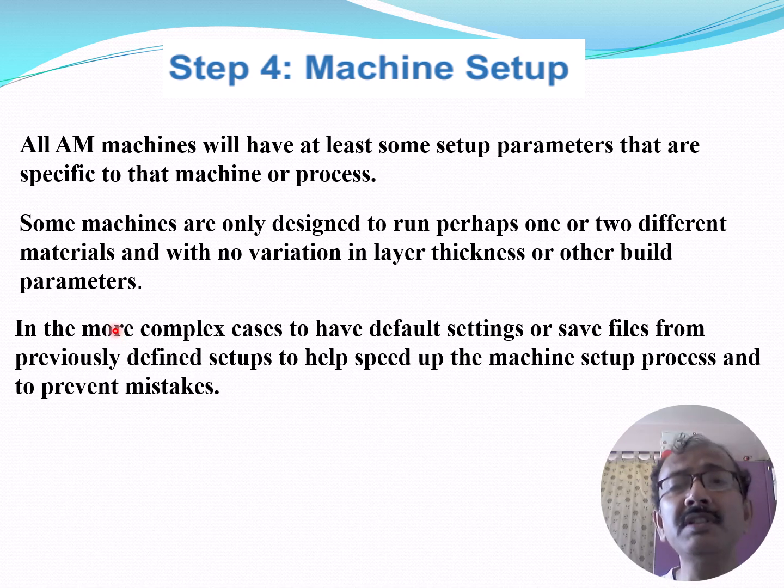So a few machines are set up particularly for one or two materials, so there is no variation. In more complex cases, there are difficult settings, or saved files for previously defined setups help speed up the machine setup process and prevent mistakes.